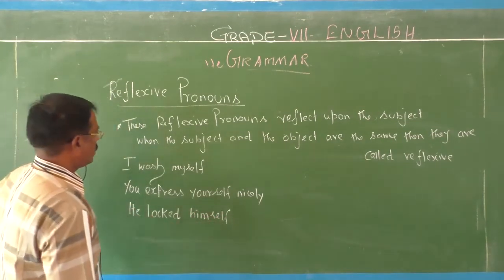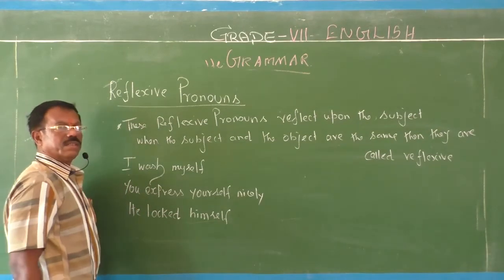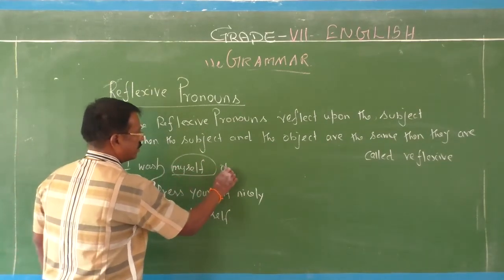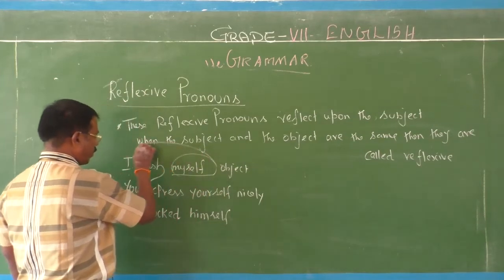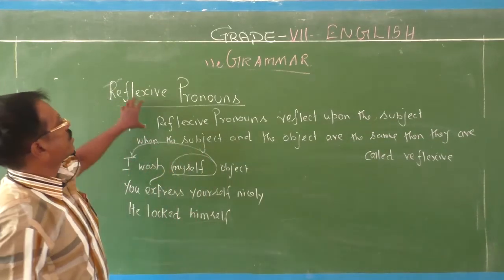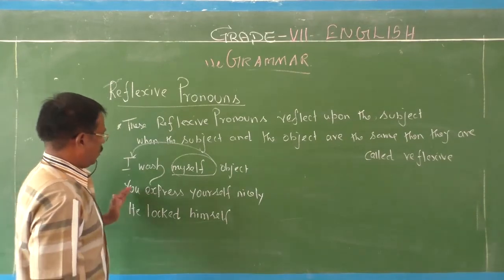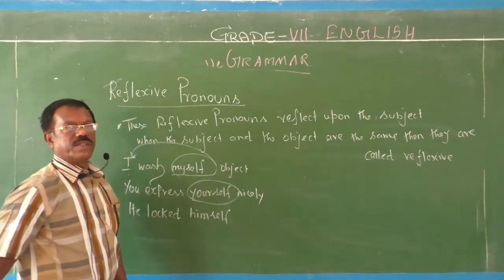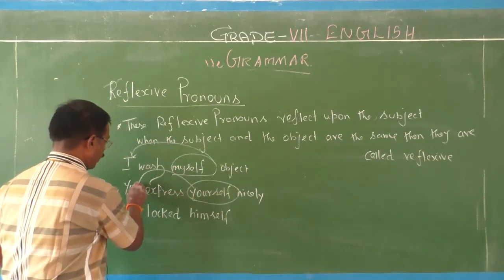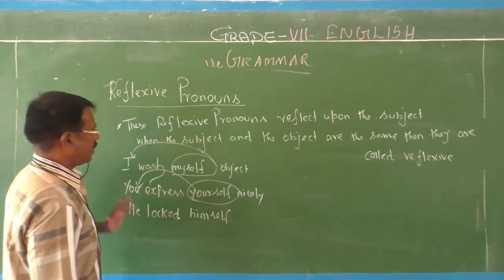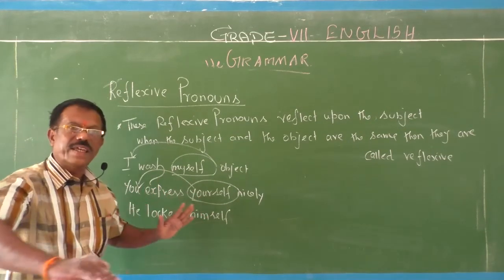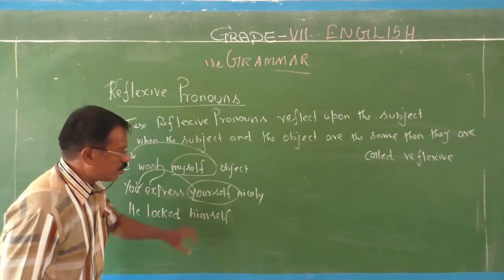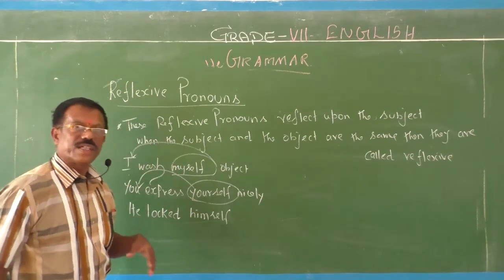See, in all these examples: I wash what? Myself. This is an object. This object reflects upon the subject. Therefore, this is called a reflexive pronoun. You express what? Yourself. So this yourself is an object. This object reflects upon the subject. Both the object as well as the subject are the same. Therefore, these pronouns we use to reflect upon the subject. Therefore, they are called reflexive pronouns.